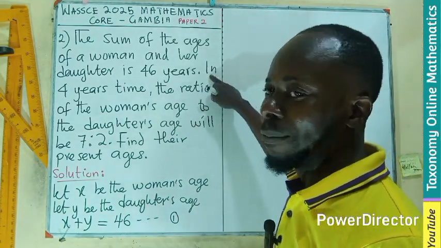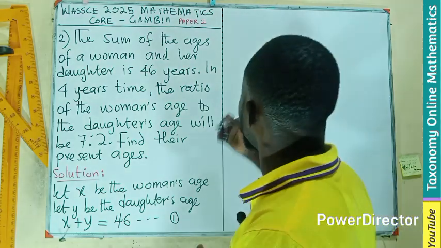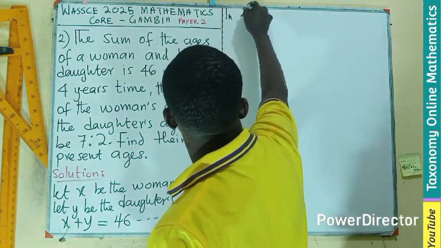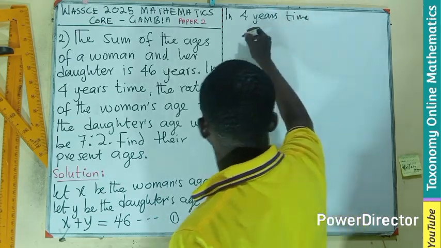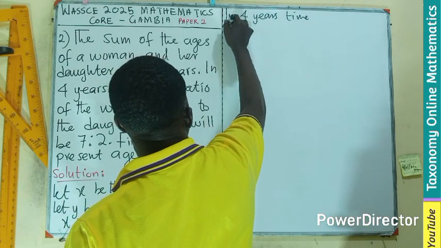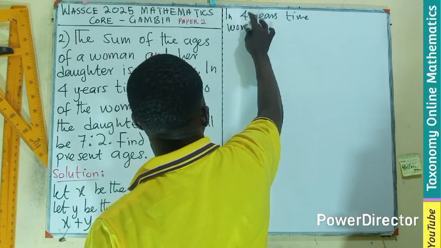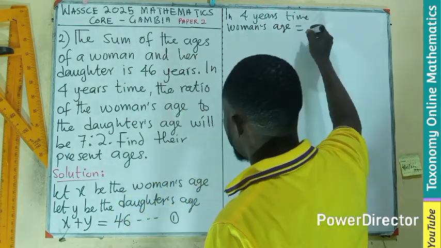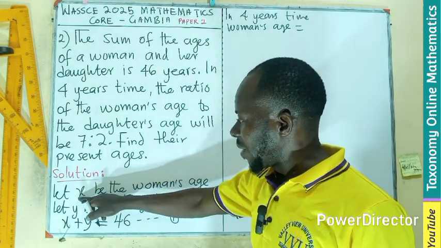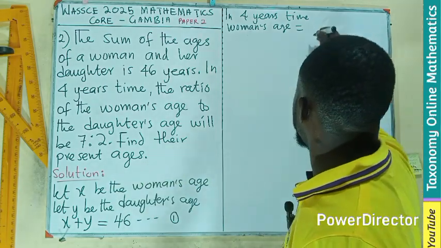In 4 years time, so let's say in 4 years time, what happened? The woman's age is going to be x plus what? 4.